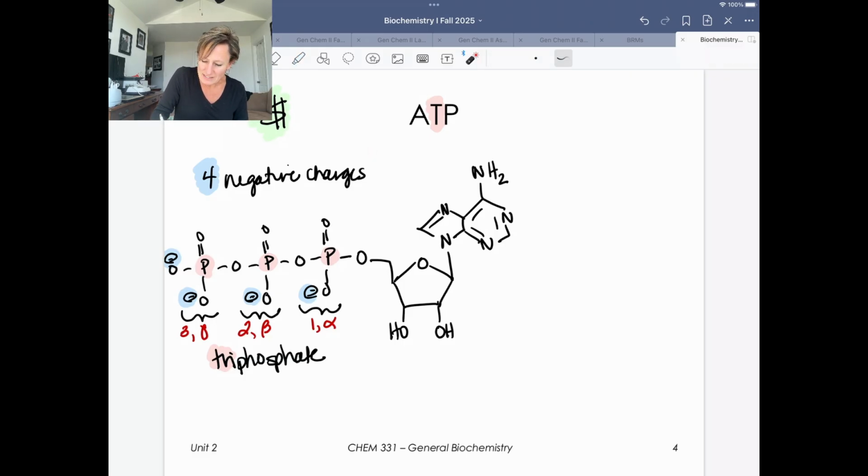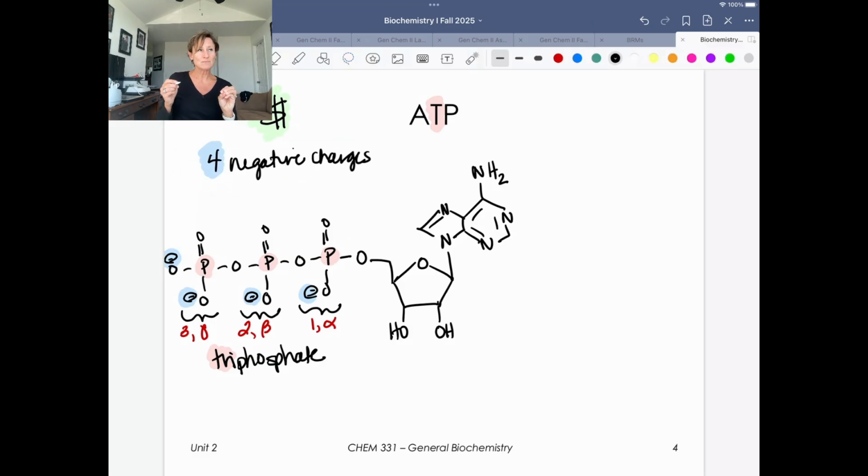Now, when I say highly unstable, remember when we talked about ATP being valuable but stable? It is stable in this structure, but it really would love to have those negative charges separated, which is why it's valuable. So we've got those 4 negative charges, which is a high energy state. Maybe that's a better way to state it. It's not that it's unstable, it's just very high energy.